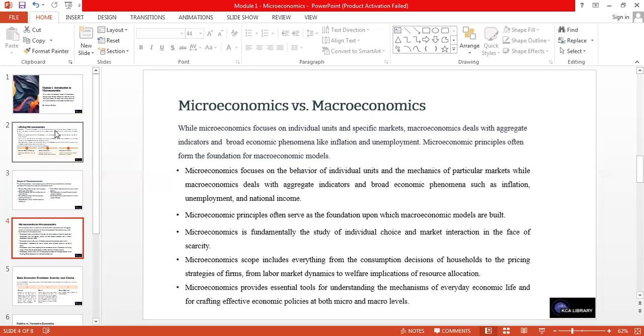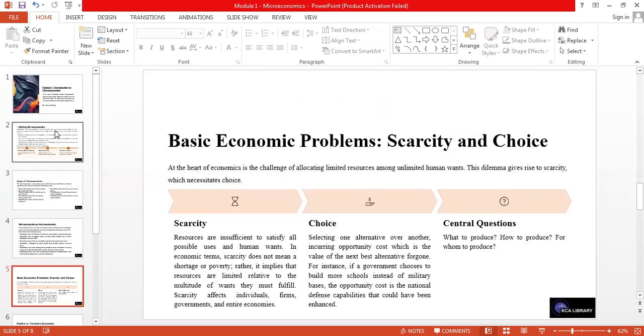And lastly, microeconomics provides essential tools for understanding the mechanisms of everyday economic life and for crafting effective economic policies at both micro and macro levels.